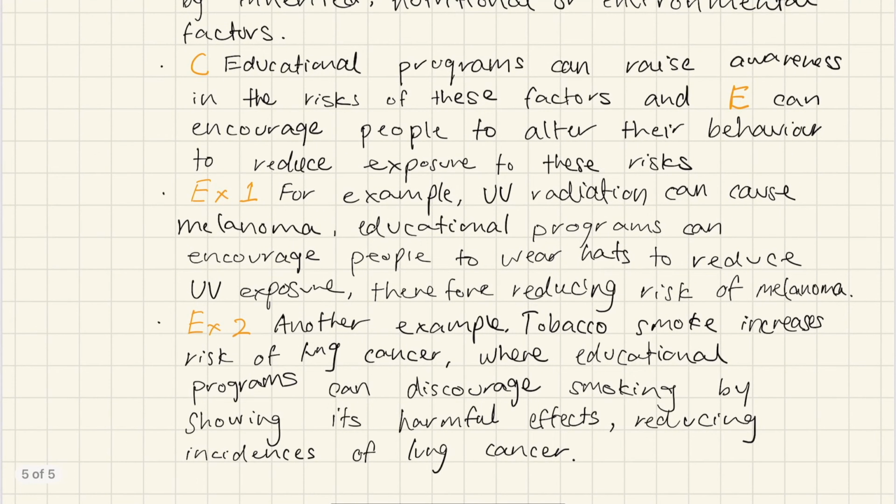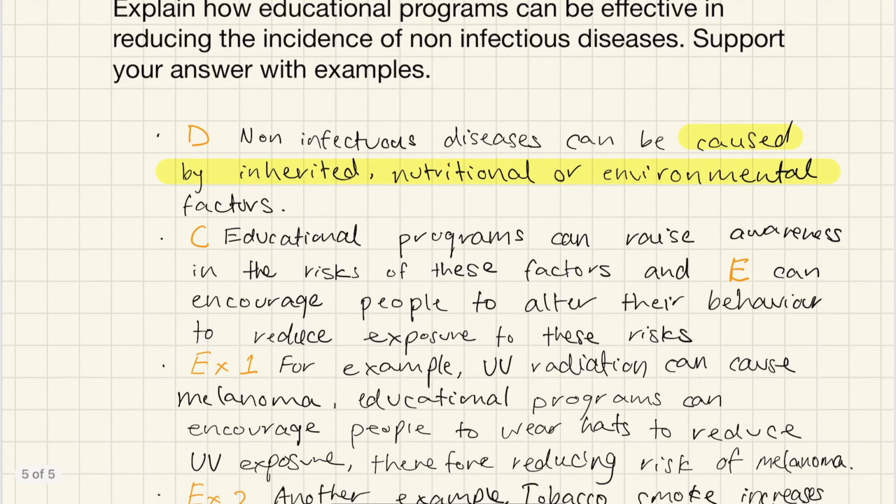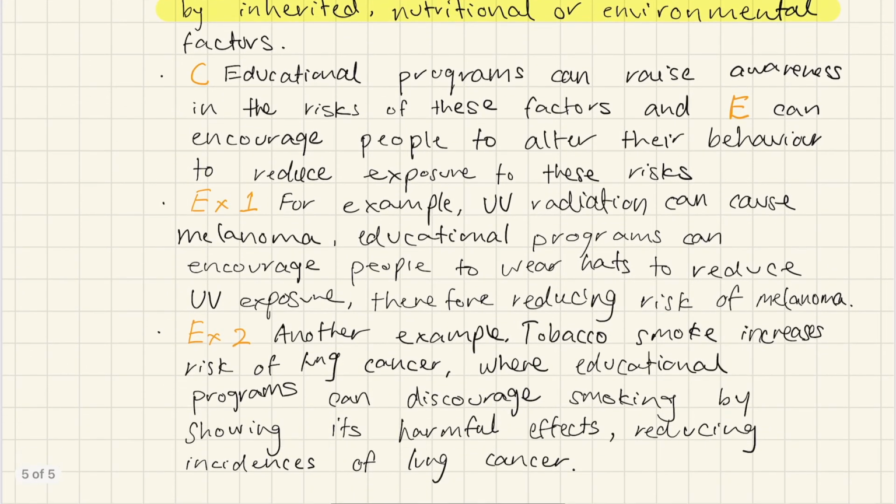So to reiterate what we just did, we first need to include some type of definition. Next, we're going to say the cause of the educational programs, and then we're going to say the effect of these educational programs.